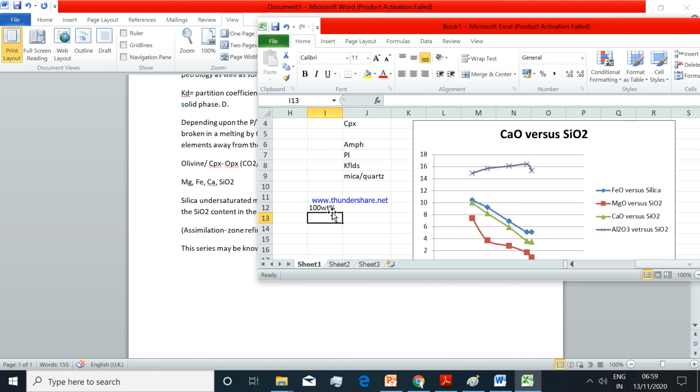And the bulk rock data is actually analyzed on a 100 weight % basis, where the different oxides like silica, aluminum oxide, iron oxide, etc. are taken into account.